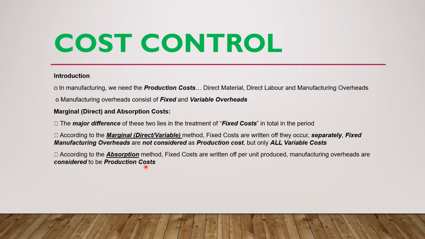You will see from the following slides. The major focus is that you have two methods, marginal or direct, and absorption. The difference is that this one absorbs or recognizes fixed cost as part of production cost, but this one does not recognize any fixed cost as part of production cost. That's the major difference. Okay, let's go to the next slide.